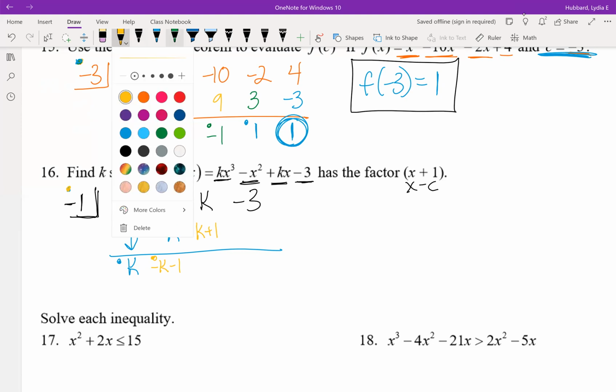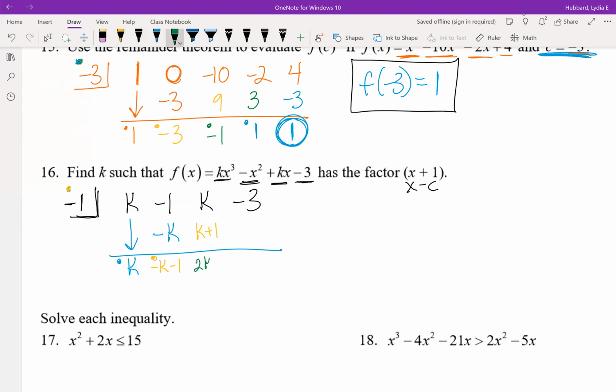Then we would add those straight down to give us 2k plus 1. We'd multiply that by a -1, which would give us -2k minus 1. We'd add straight down to get -2k minus 4. Okay, and if this has the factor of x plus 1, that means that the remainder is 0.